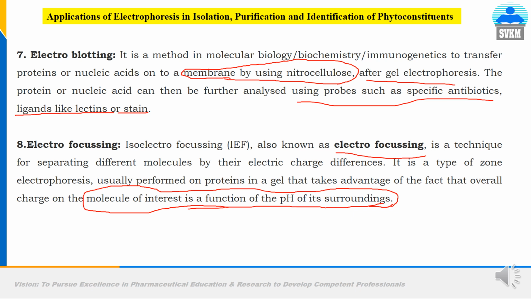So it is due to pH dependent factors. Therefore, this is one of the techniques where we can separate proteins in a gel, and that takes advantage of the fact that the overall charge on the molecules of interest is a function of the pH of its surrounding.